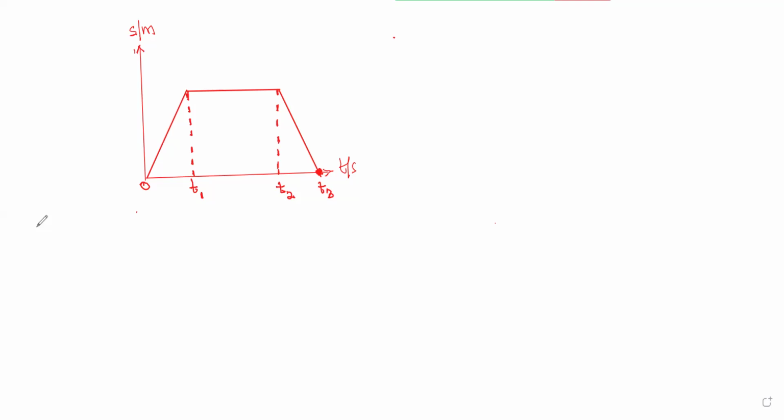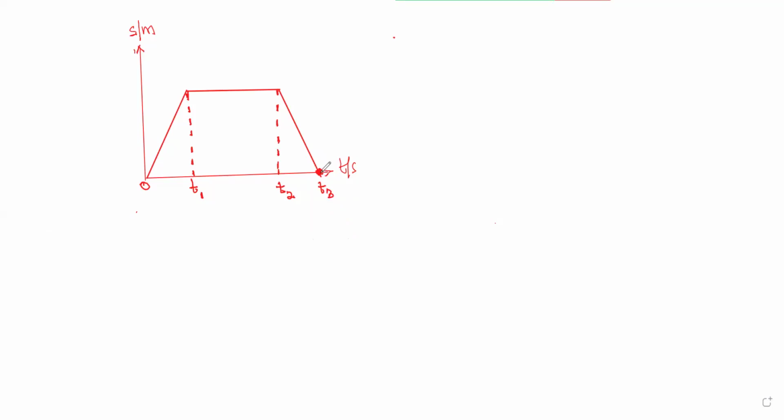If the graph had crossed the time axis like this, then you can say he came back to his starting point and then further moved away in the opposite direction. But the graph just ends at the time axis, so he returned back to his starting point.